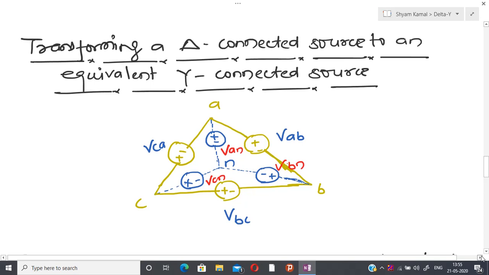Basically I initially have a three phase delta connected source, and after that I am going to convert it into the Y connected source. So the Y connected source can look like this.